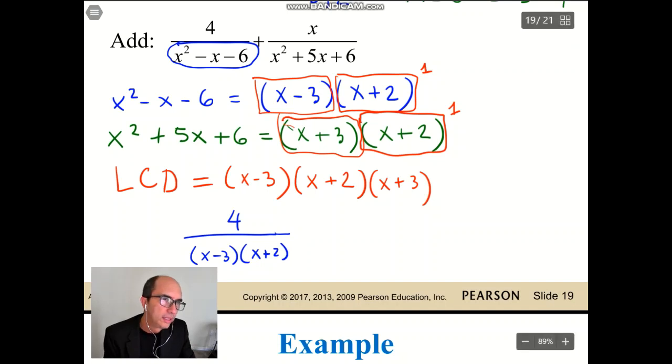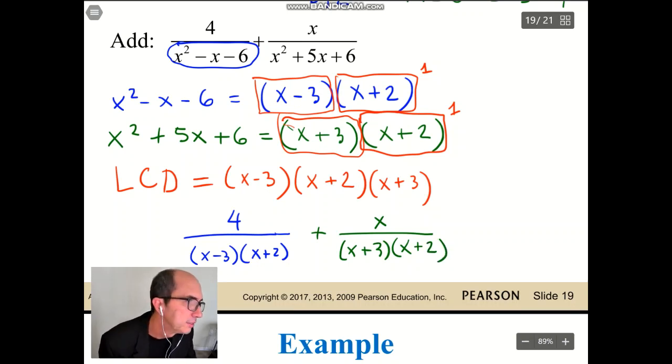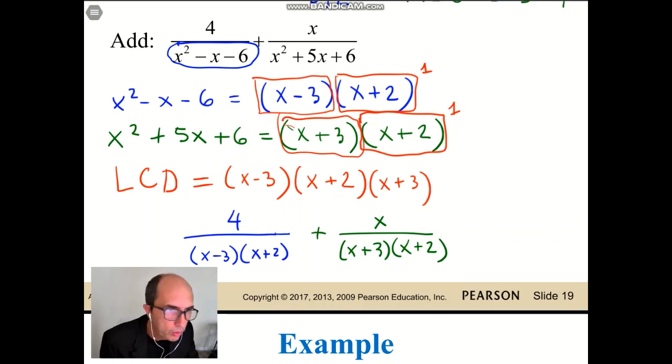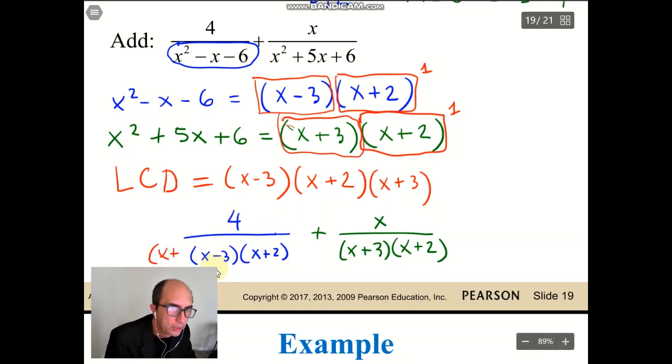And plus, let's write the equivalent here on the bottom, x plus 3, x plus 2. Nice. To complete this bottom here and make the least common denominator, we need to multiply by x plus 3, right?